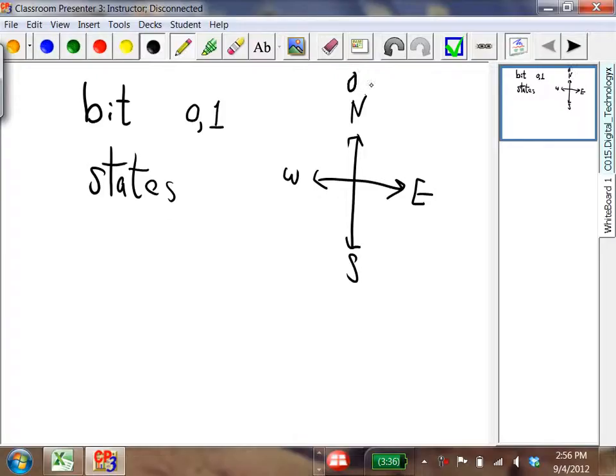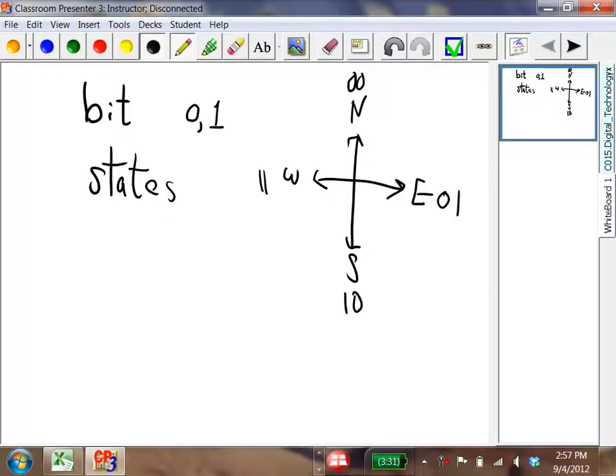Say north is 00, east is 01, south is 10, and west is 11, right? Those are all the possibilities. Those are the four possibilities, and you can encode those four directions with two bits, right?